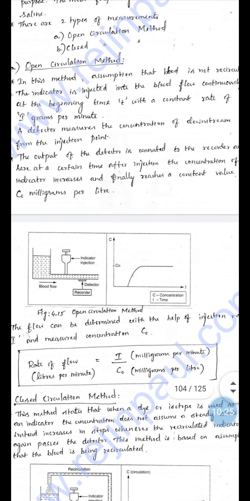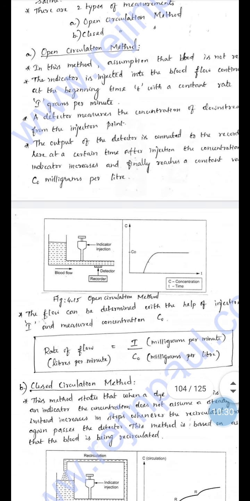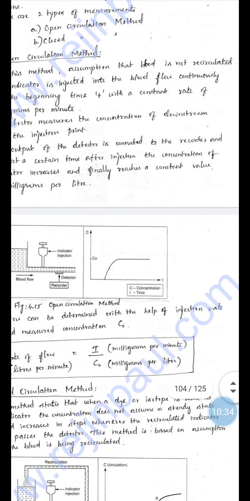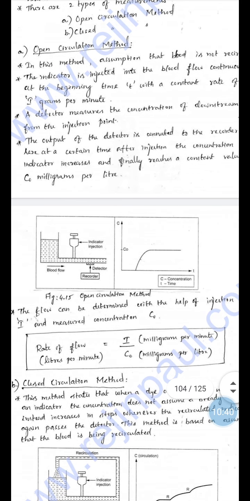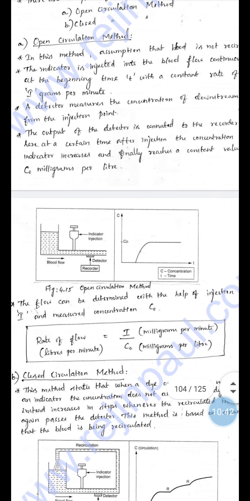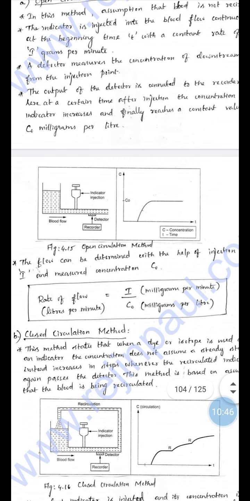A detector measures the concentration downstream from the injection point. The output of the detector is connected to the recorder, and at a certain time after injection the concentration of indicator increases and finally reaches a constant value C0 milligrams per liter.